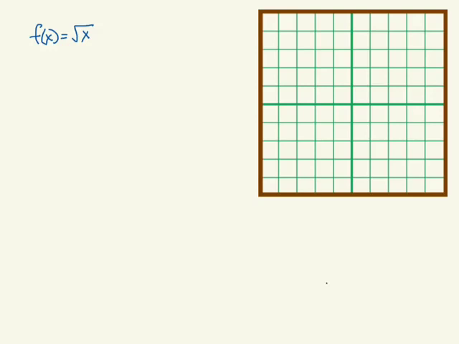In order to graph this function, we first want to find the domain and the range. Well, the domain is that x must be greater than or equal to 0. If we think of this function as being the same as f of x equals the square root of x plus 0 plus 0, we start to get those same points that we had with our domain and range lesson the other day.